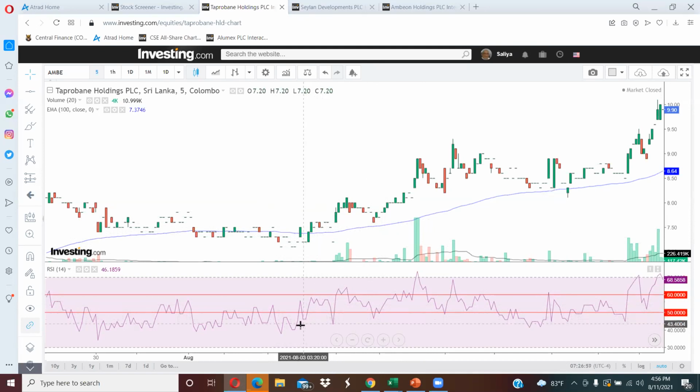Once we see that the RSI is behaving and then crossing above 60 points, and throwing back or retesting the previous levels, what we really do is look at how the prices are behaving.